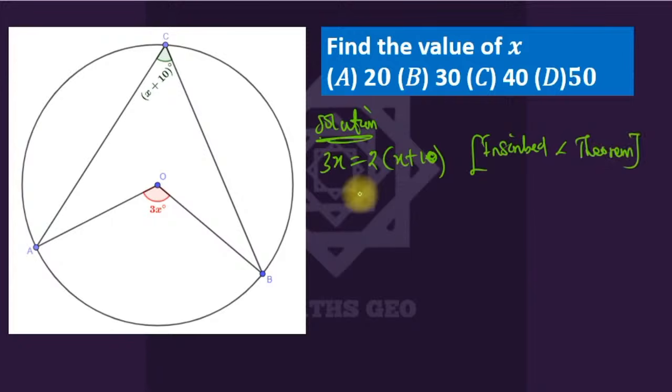So from here, this is 2x plus 20. Therefore, x is 20. So that is option A.